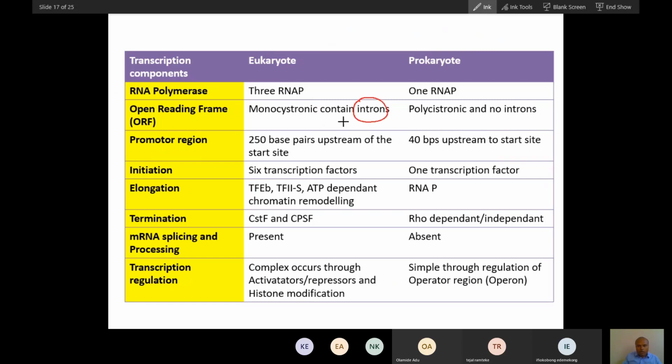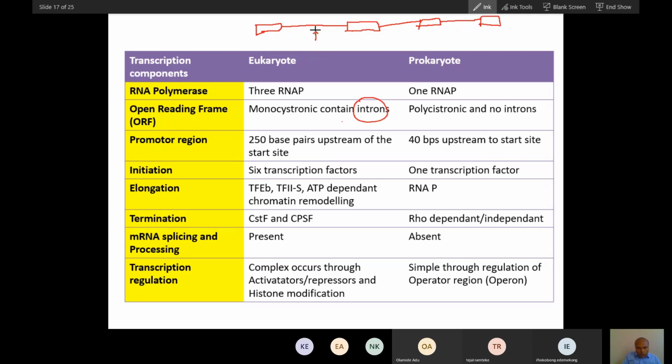You know what introns are? The exons are islands in the mRNA which code for the gene. The parts between these exons are introns, and they do not code for protein.